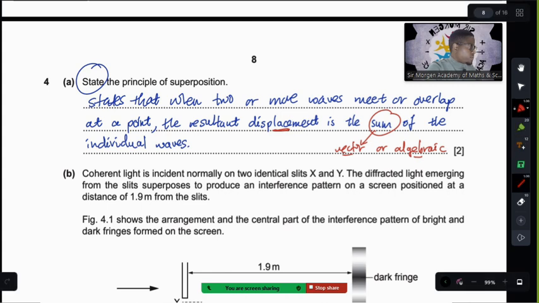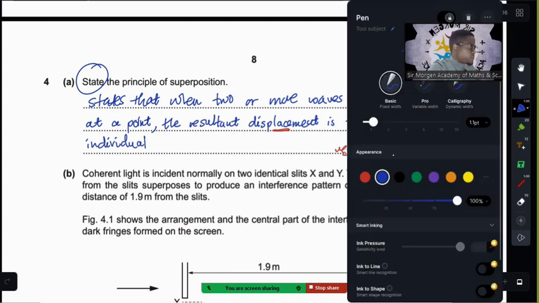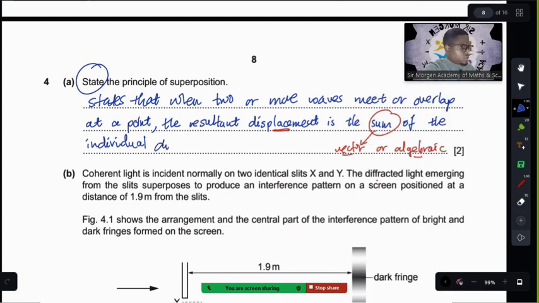No, sorry, not the waves there, individual displacements. I think it would be ideal to write individual displacement rather than individual waves.